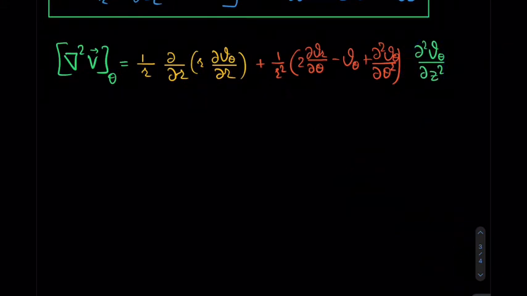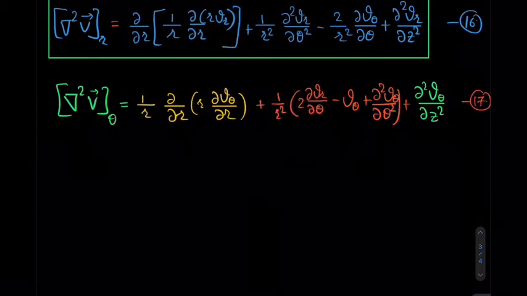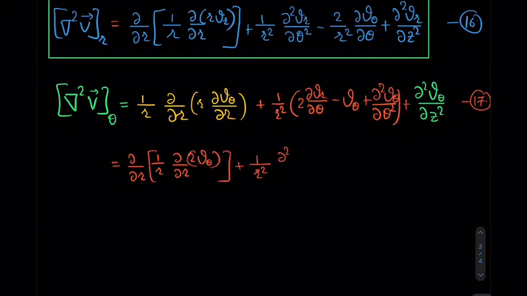Okay, so those were the terms along theta direction. Now let us club the terms again. So this becomes d/dr of 1 over r d/dr of r times v theta, plus 1 over r squared into the second derivative of v theta with respect to theta, as it is.